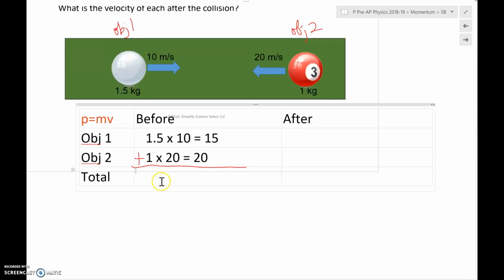Whoa, not that. Okay. Is this right? Yeah. Take a good look.